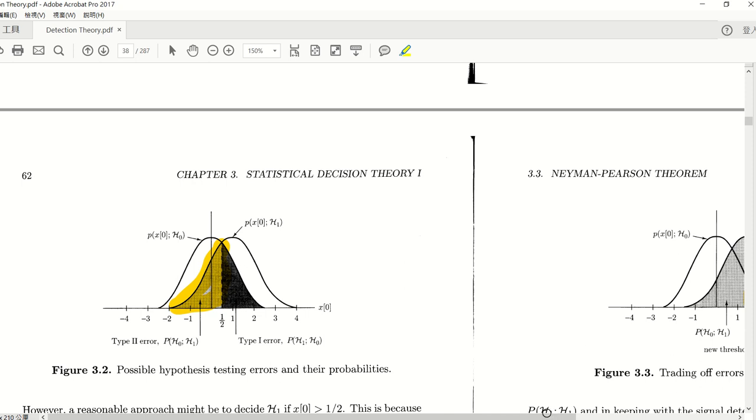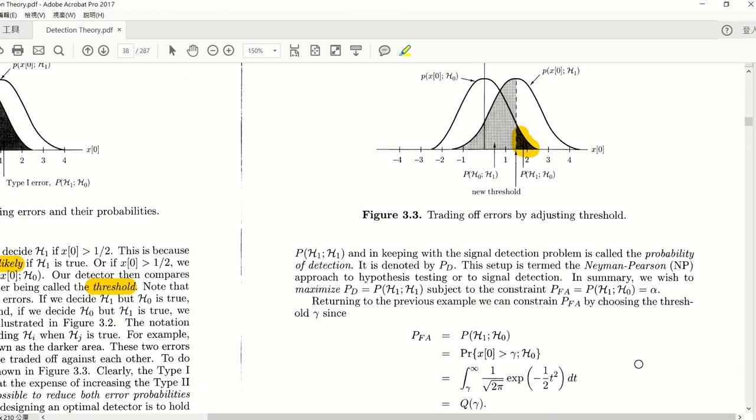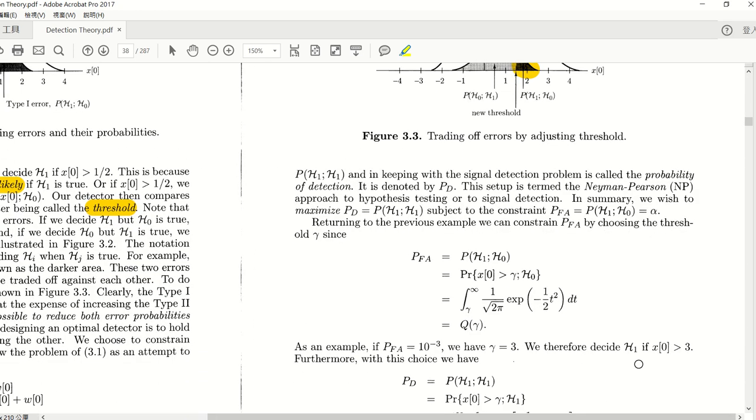All those things are related. So now it's not arbitrary anymore. Now if anyone comes up and says he would like to set a threshold somewhere, you have a mathematical foundation to discuss with him, and you know what effects that threshold is going to have. So for this case, 10 to the minus 3 and gamma equal to 3, we therefore decide this.